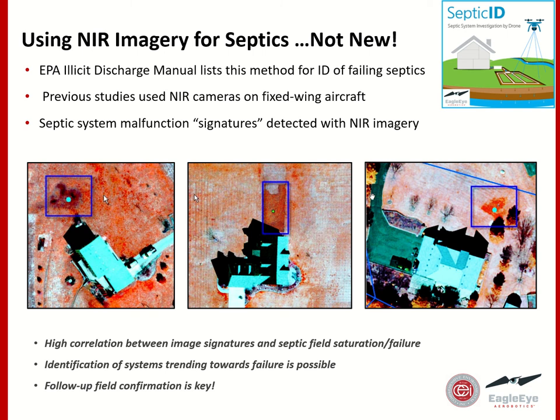In the 3 images here, the purple box indicates the general location of a septic leach field. The darker red area within the box indicates that the vegetation here is different than the surrounding area of lawn. And this difference is a telltale signature of septic system failure. This type of information helps to focus efforts on more detailed field investigations to confirm the failure and fix the problem.